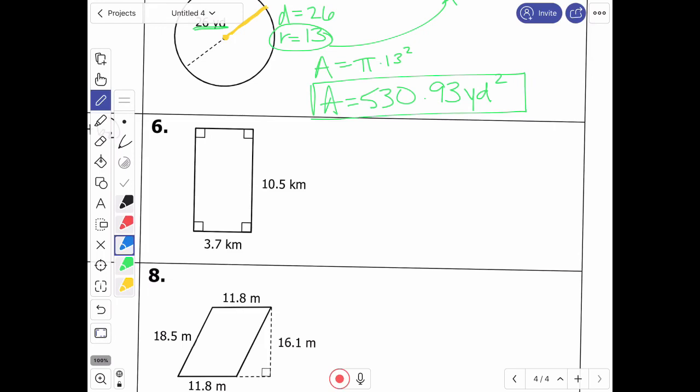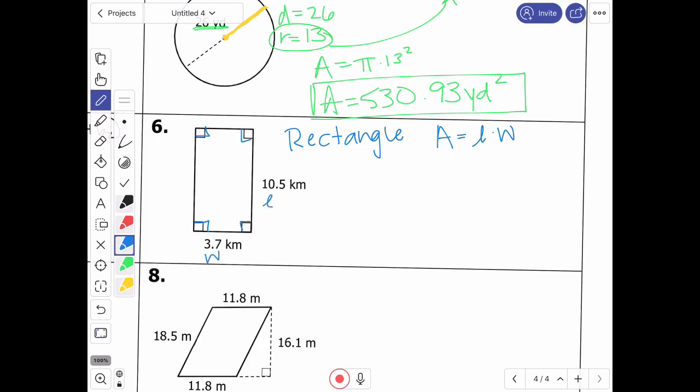Six is not a square, but it is in fact a rectangle. I know it's a rectangle because it has 4 sides and it has all right angles. Okay, so that's the only way I can use the area formula, which is length times width. So you could call this your length and this your width.